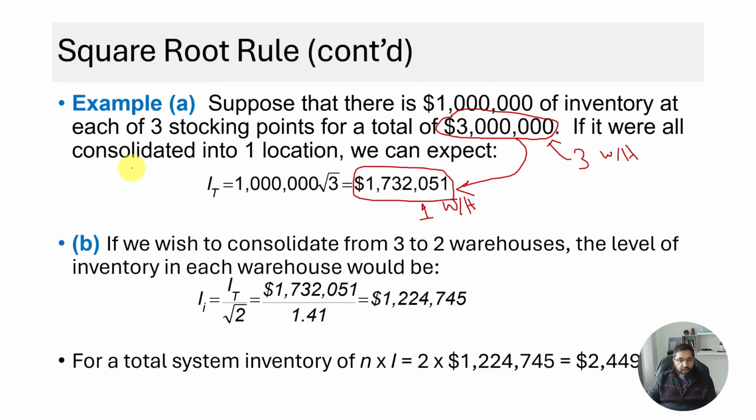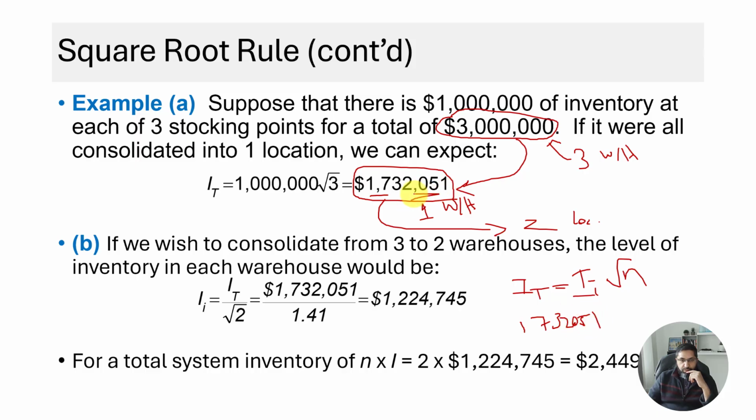So once you have I of t for this particular demand, at 3 locations you had inventory of 1 million each, and you centralized it. Now with the centralized inventory of 1.7 million, what would it be if you went to 2 locations? I of t equals I of i times square root of n. We know the total inventory is 1732051, right? This number.